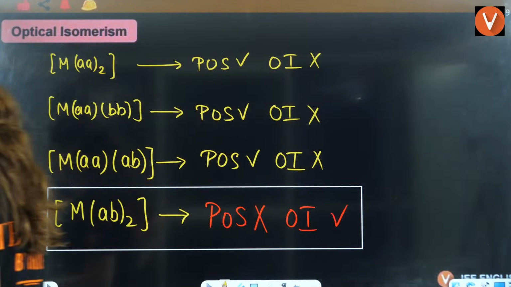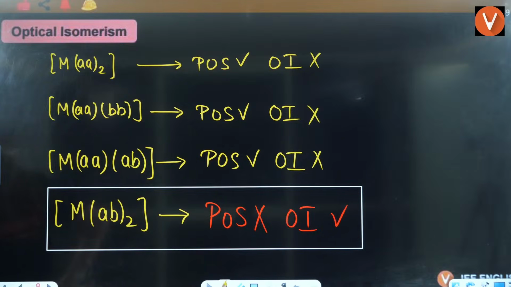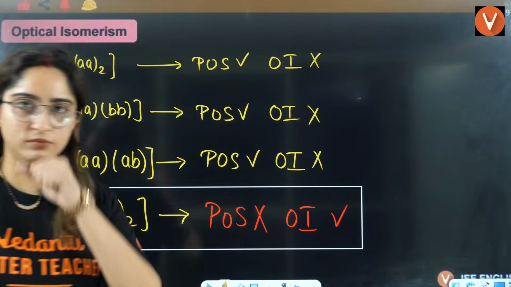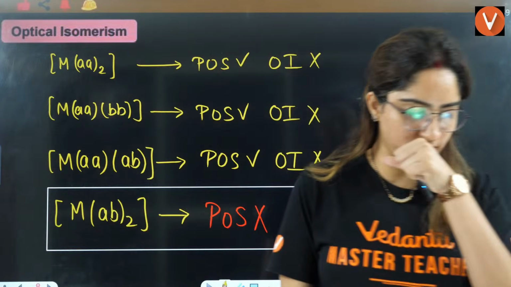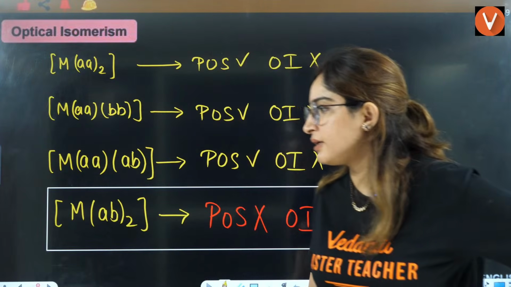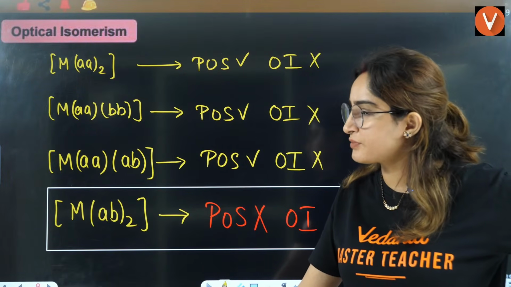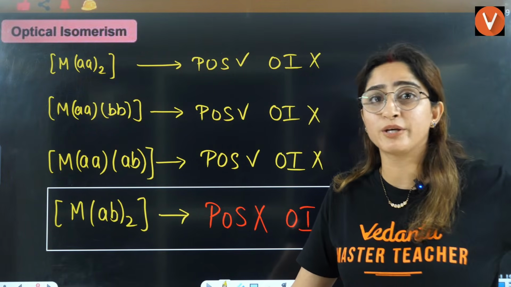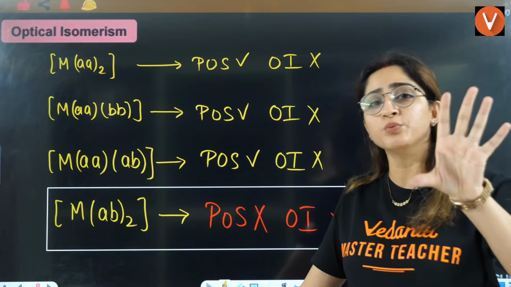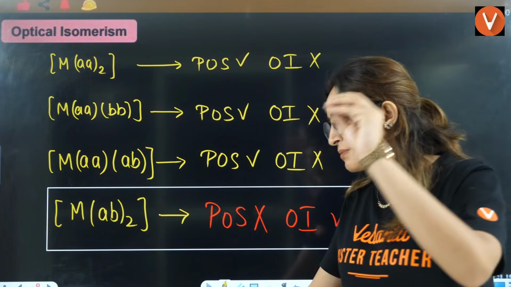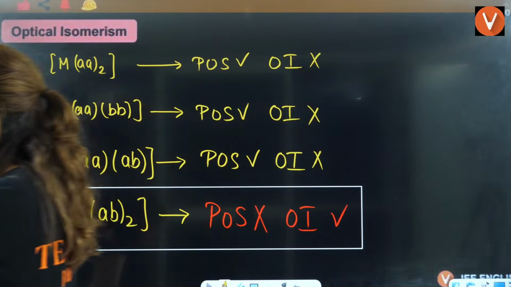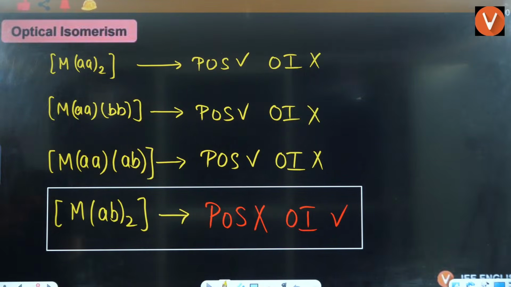Tell me if that is clear. Any problem? Because the last part we are going to do is optical isomerism in octahedral complexes.